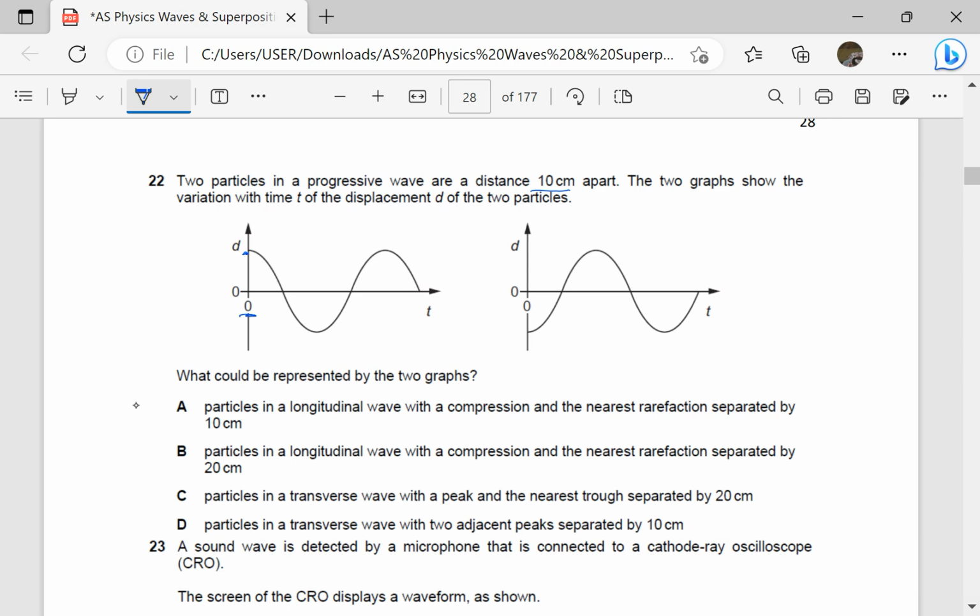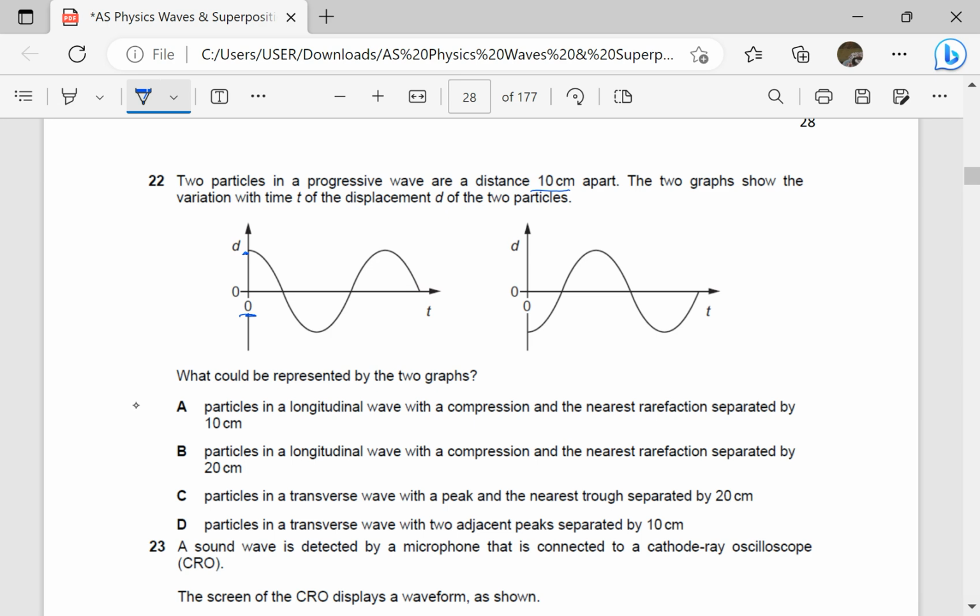Particles in a longitudinal wave with a compression and the nearest rarefaction separated by 10 centimeters. Or separated by 20 centimeters.